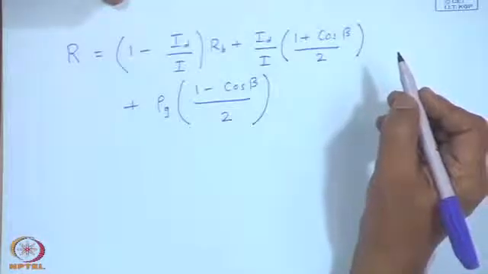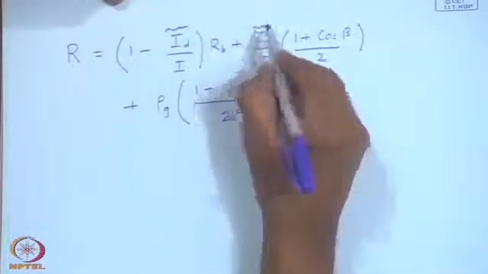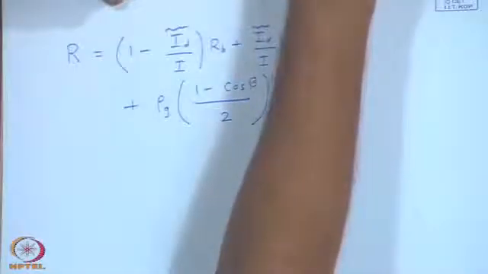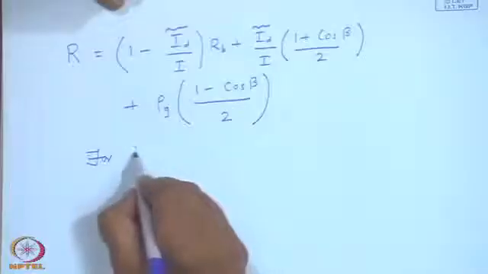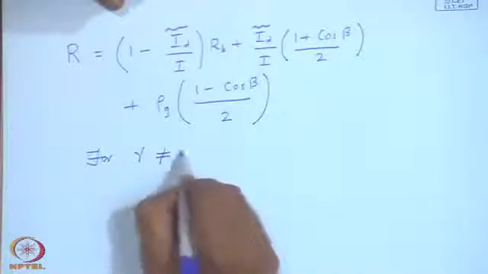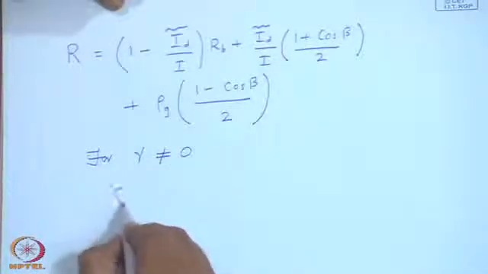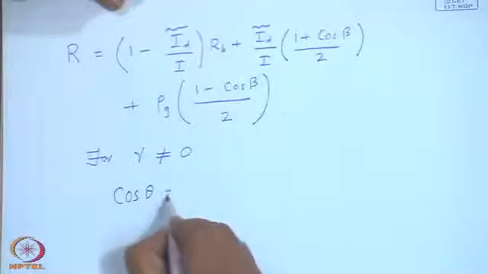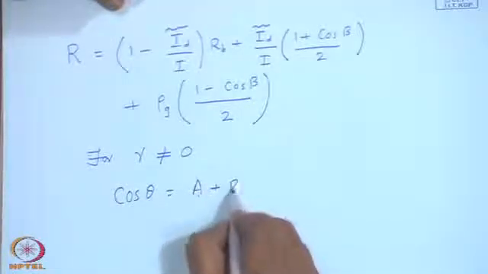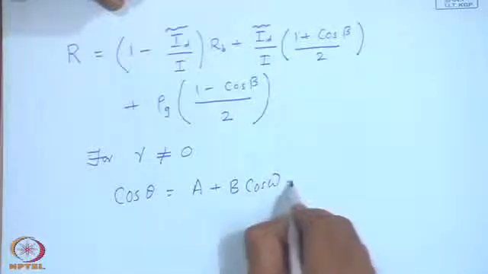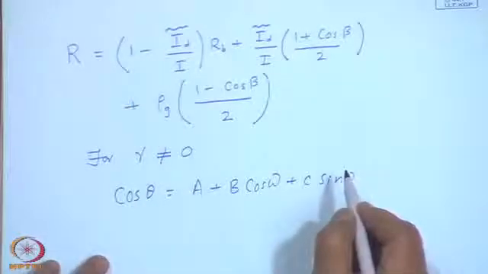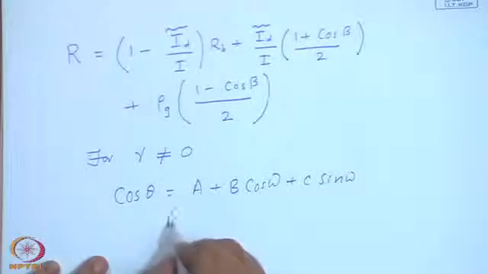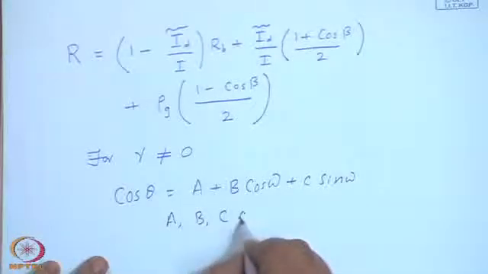So, now we have everything in terms of I d by I. So, you can easily write we have this general expression a plus b cos omega plus c sin omega, where a, b, c are defined.